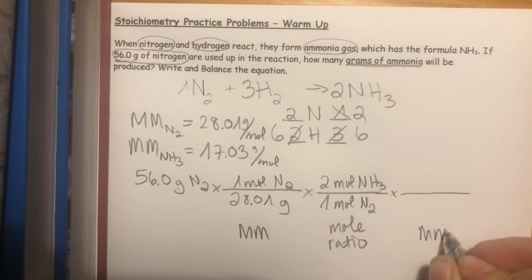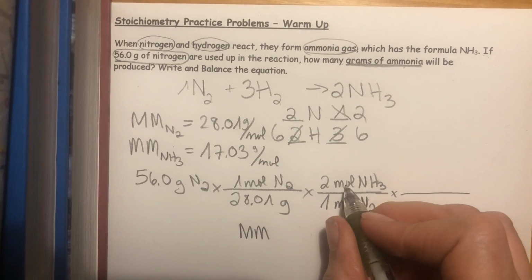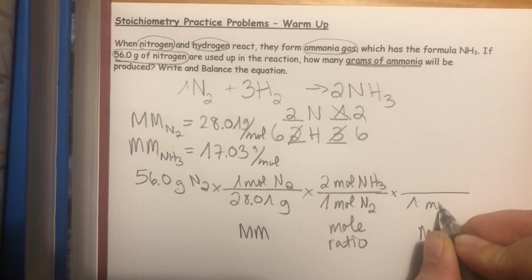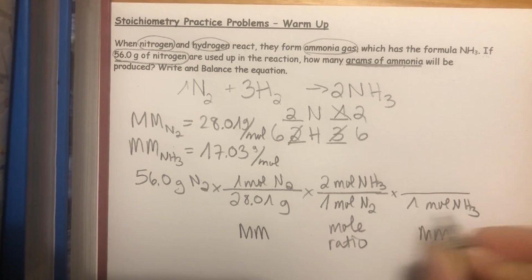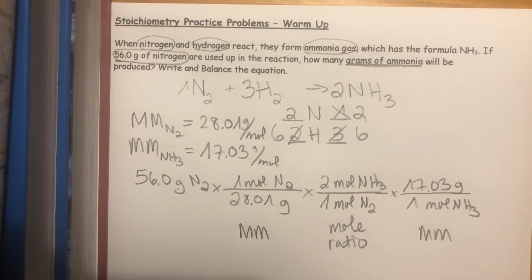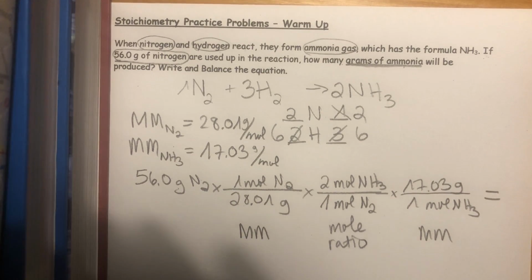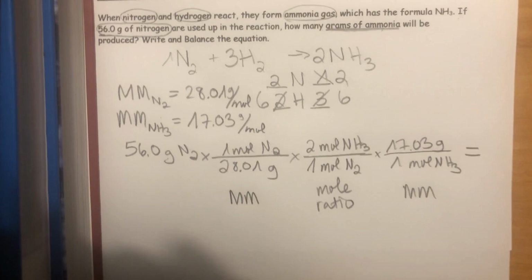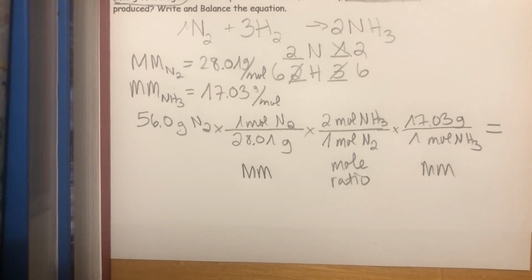So again, we need the molar mass. So if I have 1 mole of ammonia, I have 17.03 grams. Put a little equal sign right there. Move this down just a little hair. There we go.